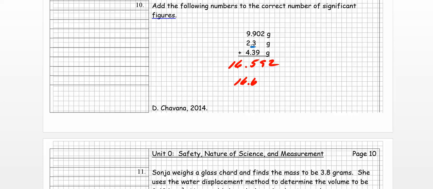This is the nearest tenth right here. Do I push that 5 up or not? Well, the number after it is the number 9, which is 5 or bigger. So yes, I do push that 5 up. So 16.592 becomes 16.6 grams, and that's how I would report my answer. All right? Okay.